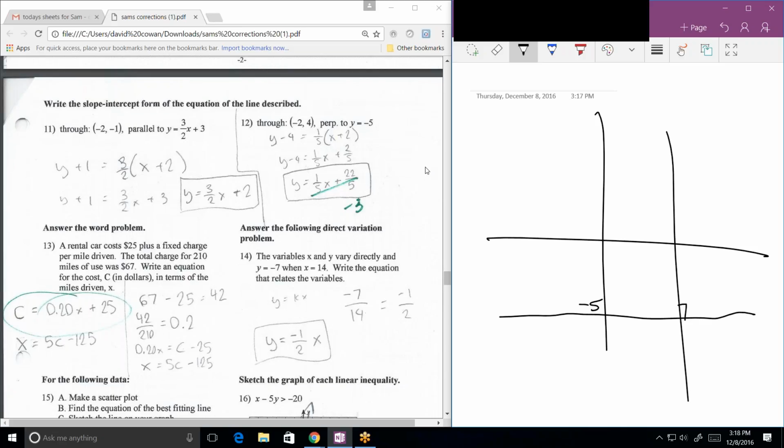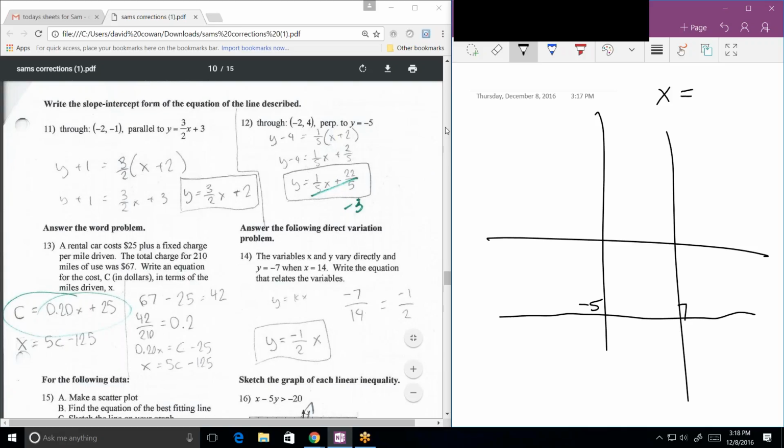The slope of the original line, y equals minus 5, is 0. But when you take the slope of a vertical line, it's basically infinite, okay? But the equation is going to be x equals something. There isn't going to be any y in it, okay? So what is the x going to equal if it goes through the point minus 2 comma 4?